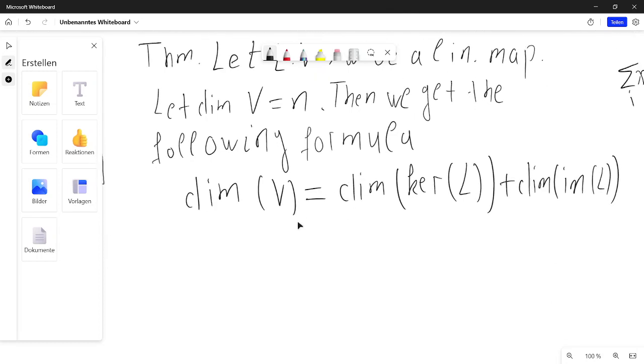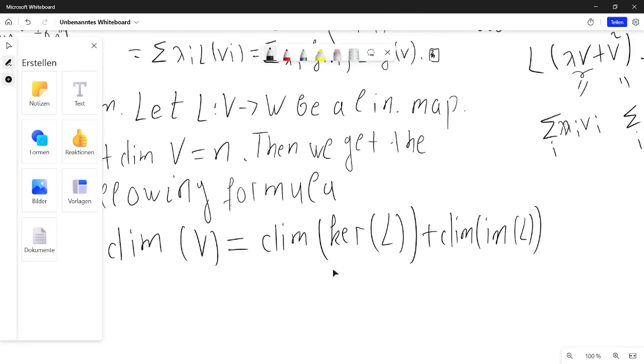Right. And some special cases, for example, if that is the zero map, then clearly the dimension of the image is just zero. This is, by the way, the dimension of the zero space, that is just customarily zero. And the dimension of the kernel is the dimension of V, of course, because it is the whole V. Now, the other case, we have a bijective map. A bijective map, of course, by the way, no, that results from that.